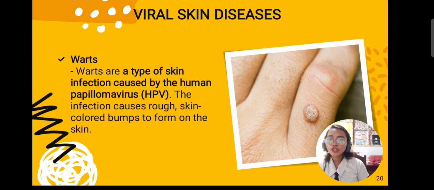The infection causes rough skin-colored bumps to form on the skin. Warts are more likely to develop on broken skin such as picked hangnails or areas nicked by shaving, because the virus is able to enter the top layer of the skin through scratches or cuts.